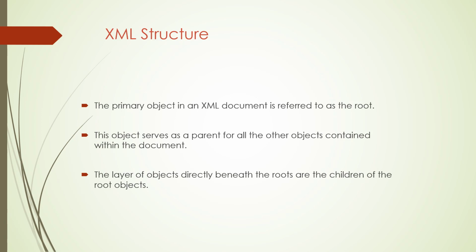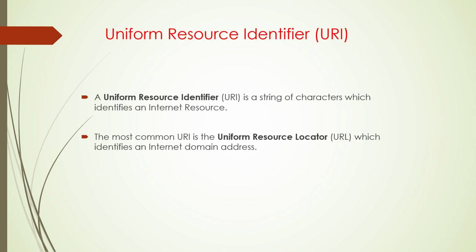So the primary object of an XML document is called the root, because we are talking about hierarchy. So it starts from the root and goes down to the nodes and to their children nodes. So this root object serves as a parent, and then you have the layers below.